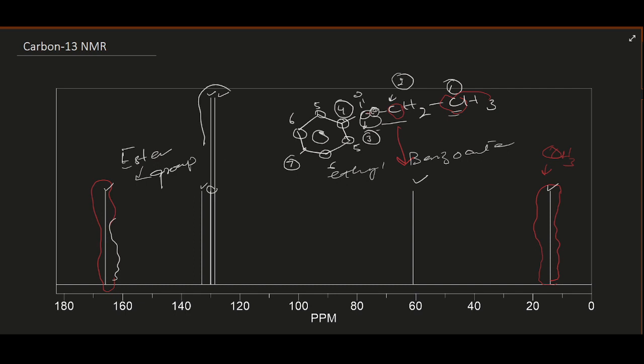And why are these two peaks higher, while the others have almost the same height? These two have double the height because there are two carbons that have the same chemical environment, like this one, 5th and 5th, and 6 and 6.